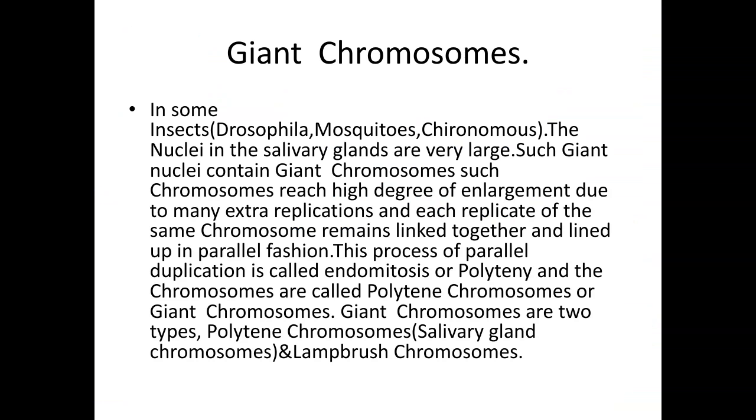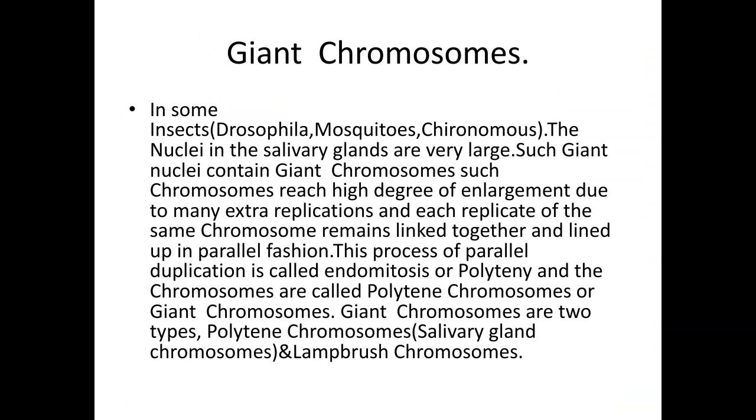This process of parallel duplication is called endomitosis or polyteny, and the chromosomes are called polytene chromosomes or giant chromosomes.